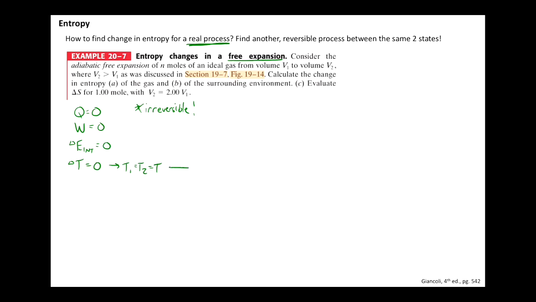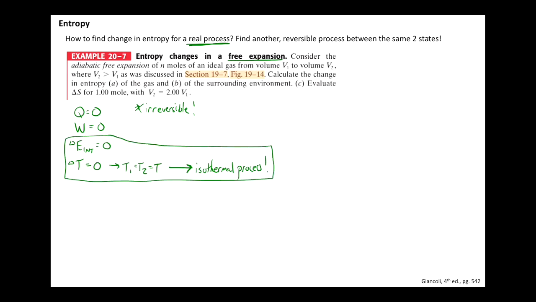So notice, if the temperature is not changing, that might lead you to think of an isothermal process, because in an isothermal process, well, these things are also true. Okay, so it's another process from point A to point B that happens to be something we know how to handle. It's a reversible process that we understand.